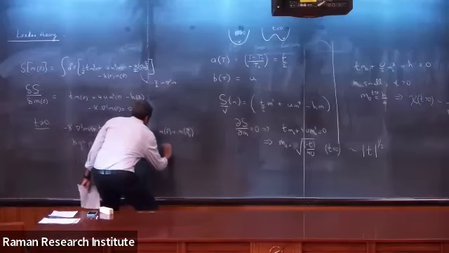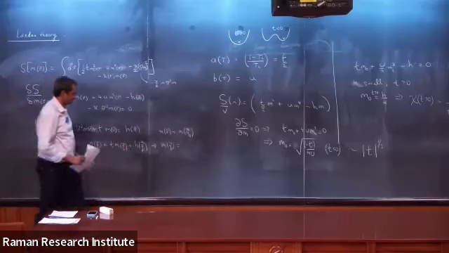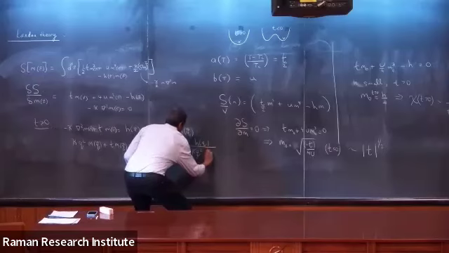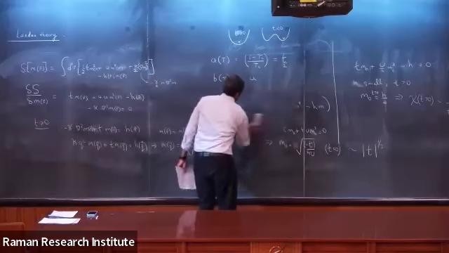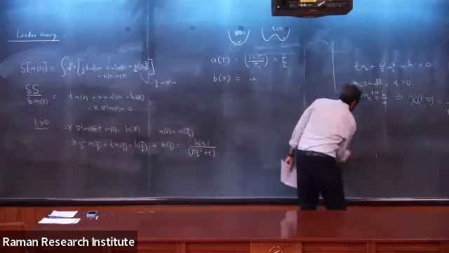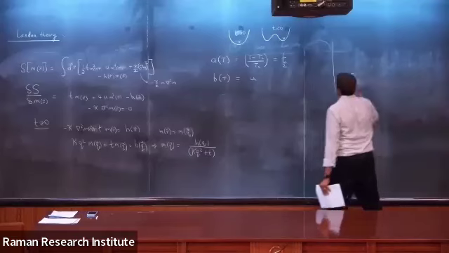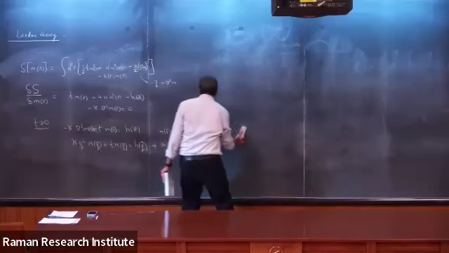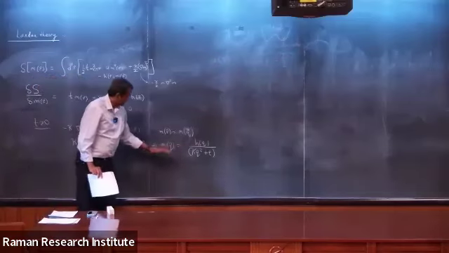And so this is going to give me M of Q, which is h of Q divided by kappa Q square plus T. And now to get the magnetization profile in real space, we just have to inverse Fourier transform back to get the answer as a function of position. So that's the answer in Fourier space.